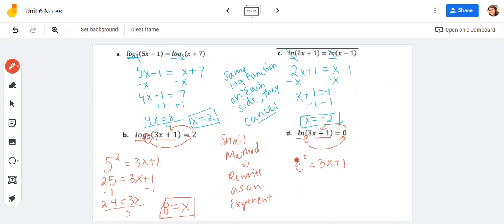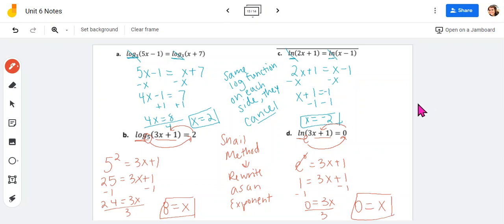Well, e is a number, close to 2.71, but anything raised to the 0 power just equals 1. So now I have 1 equals 3x plus 1, and if I subtract, I get 0 equals 3x, and so x just equals 0.